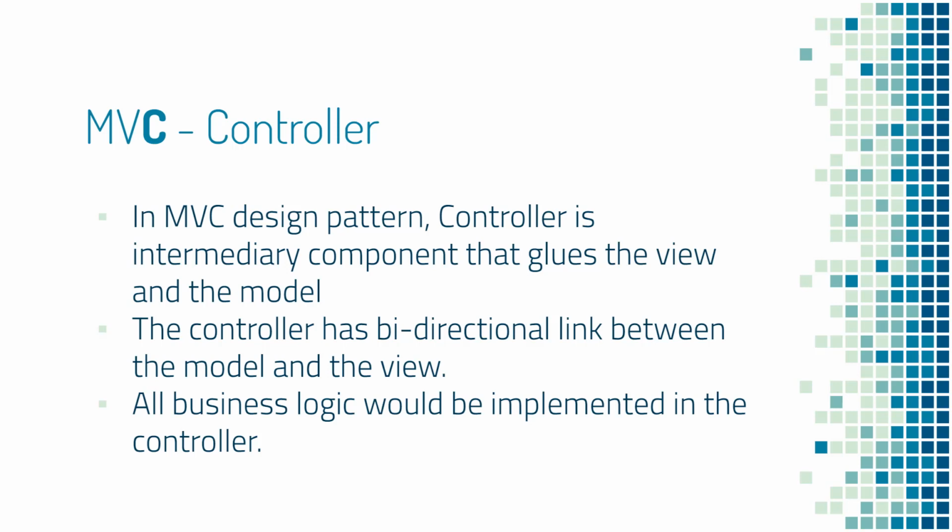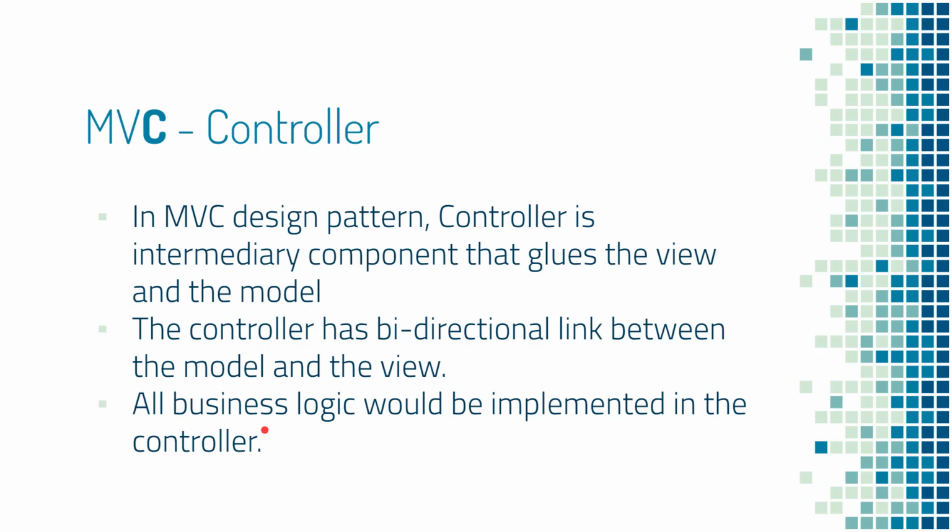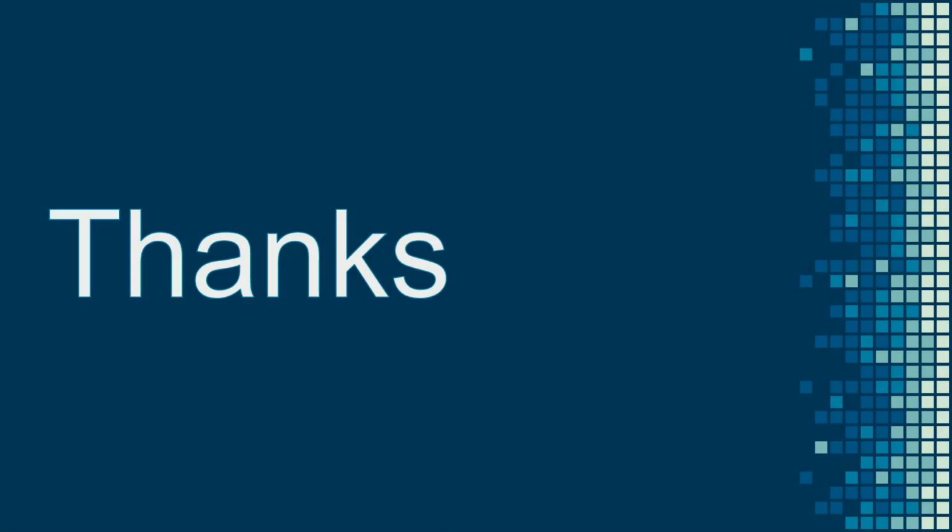Most of the time, the controller has a bidirectional connection between the model and the controller, and another bidirectional connection between the view and the controller. Most of the time, people use the controller as the business logic intermediary, where the business logic is implemented.